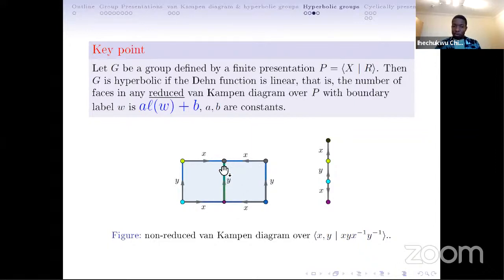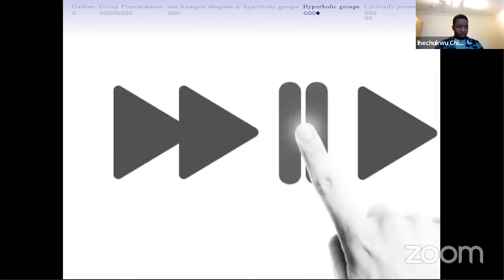What this allows us to do is to collapse the two faces, which is what I've done here. So if it's possible to collapse some faces to reduce the area, we say that the diagram is not reduced.